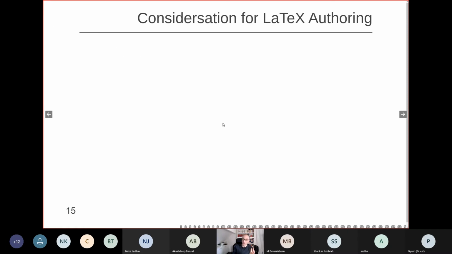Right, and of course, that is particularly important if you're an author yourself, but also if you work with authors and want to educate them about what is good and what is bad in terms of authoring when you need to convert something to accessible formats.